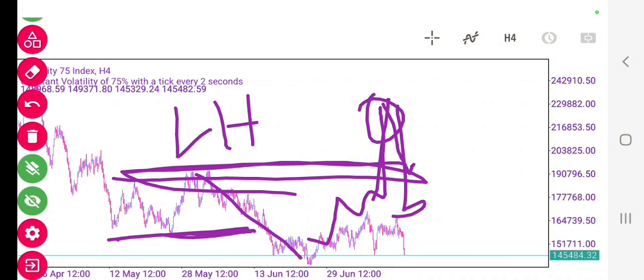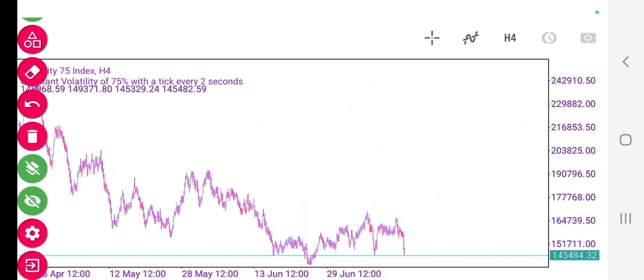Are you getting the point? It can be just a wick on the daily time frame, and that keeps pushing us towards the downside.